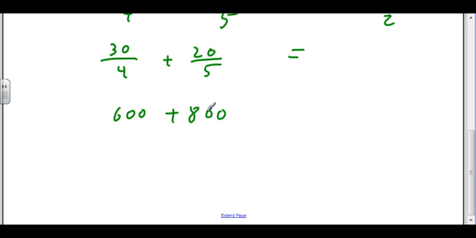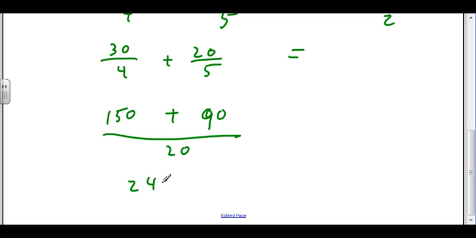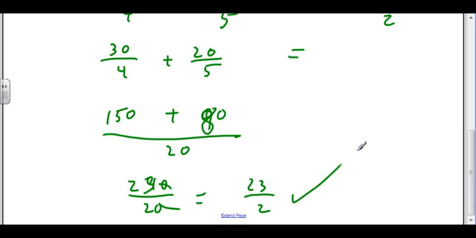What's 5 times 3? 5 times 3 is 150. Good recovery there. And then 4 times 20 is 80. Divided by 20. 240 divided by 2. That's an 8. That's a 3. That's a 20. The 2's go away. 23 over 2. Check.